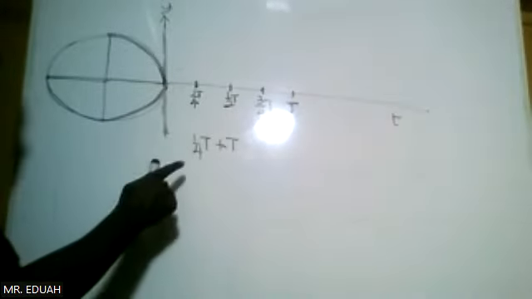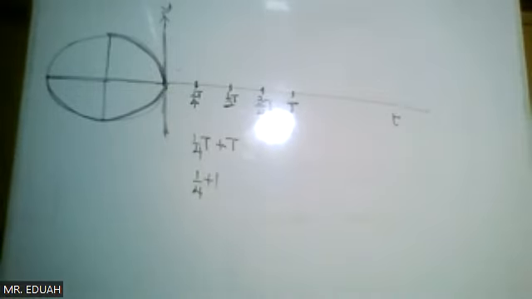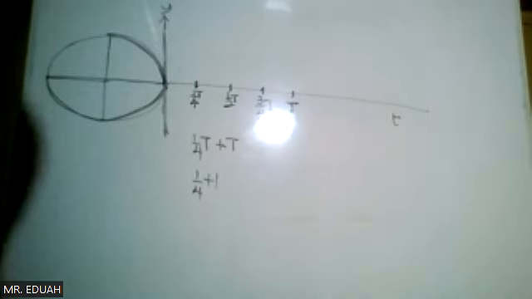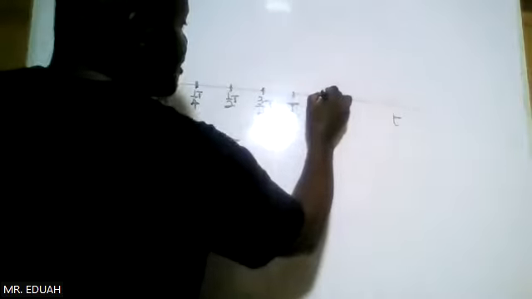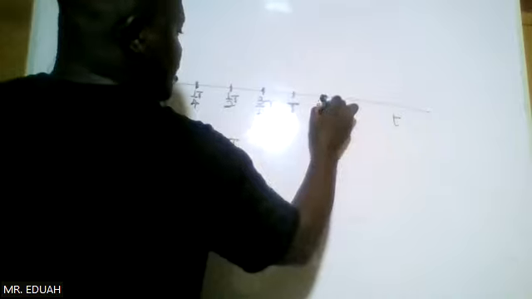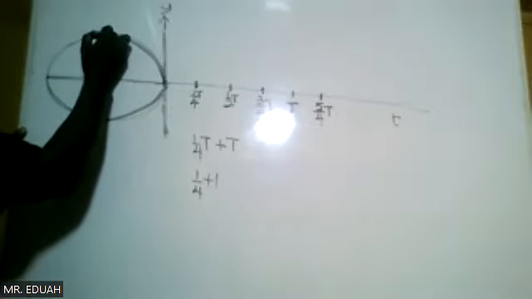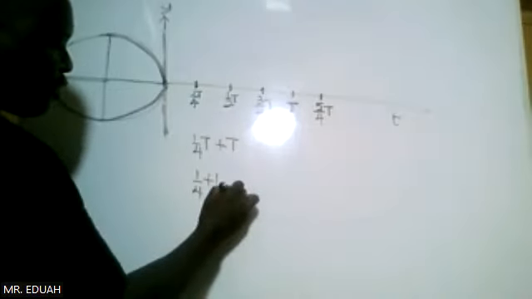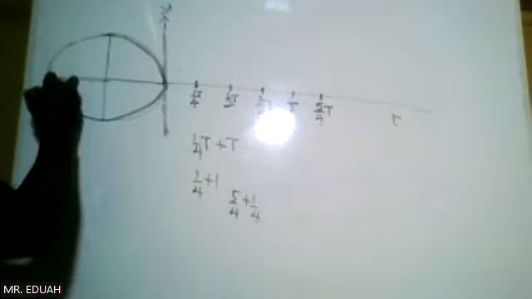What is a quarter plus 1? Quickly calculate that for me. Five over 4. So this is 5 on 4 T. 5 on 4 plus another quarter gives 3 on 2.